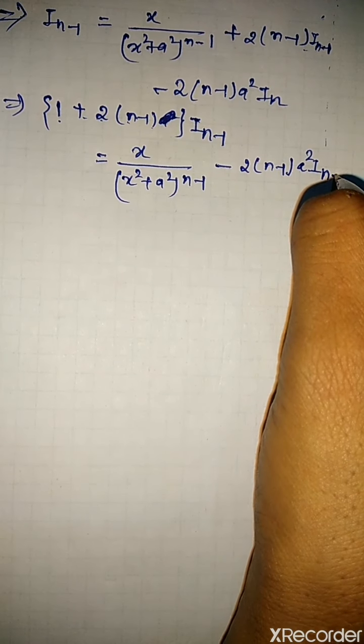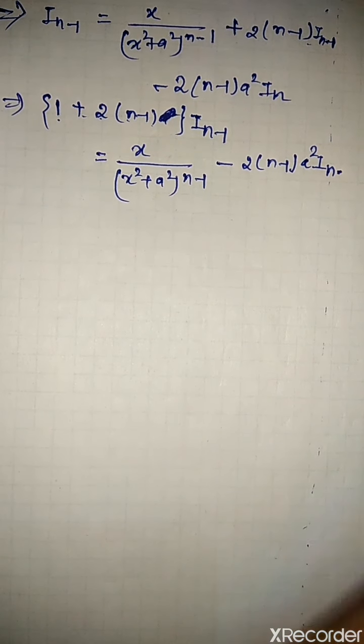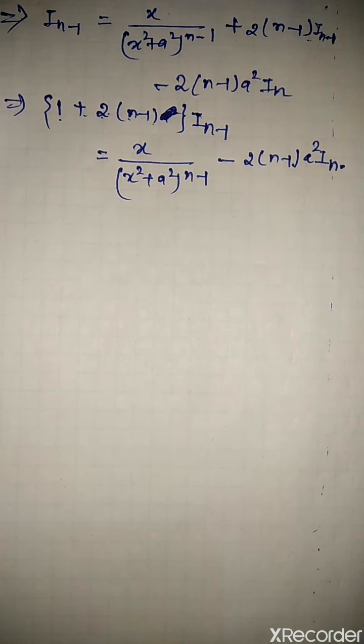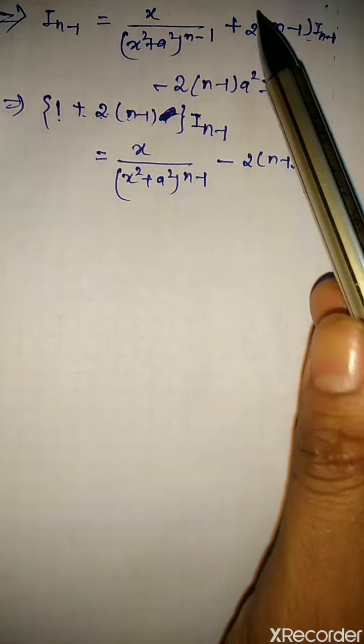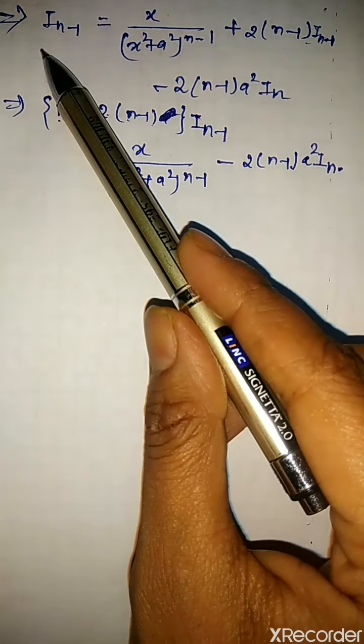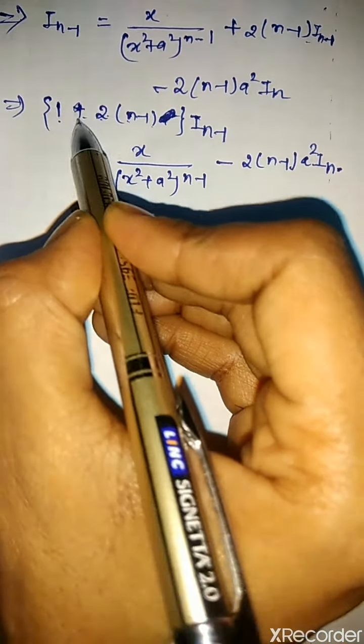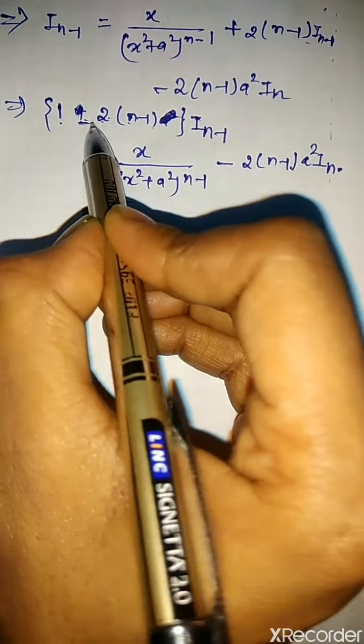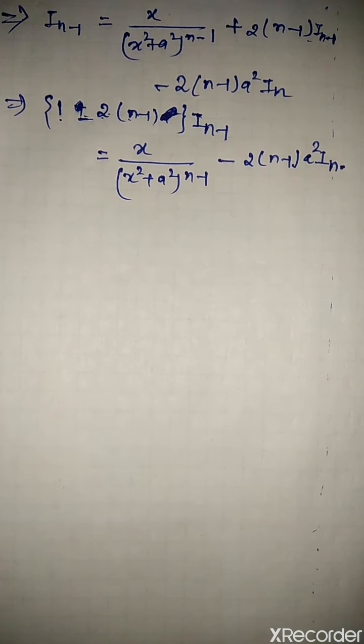I_n minus I_n, this one. So here we have 2n minus 1, so taking this to the left hand side, we are getting the minus sign. This is minus (2n minus 1).